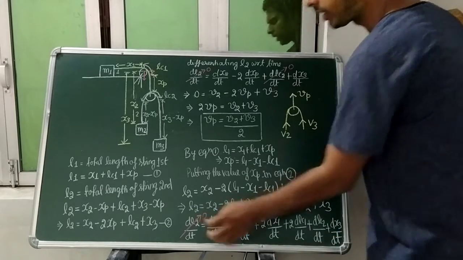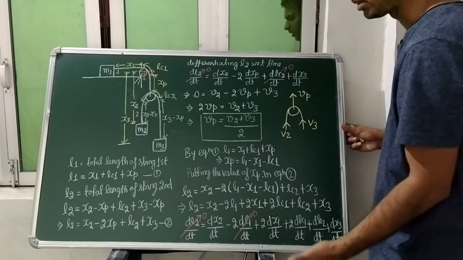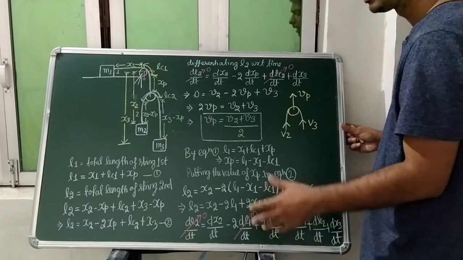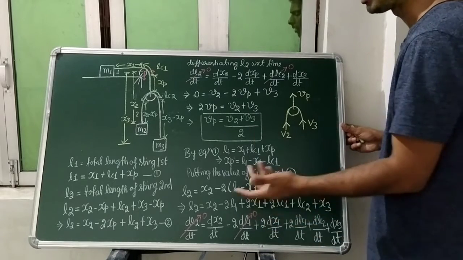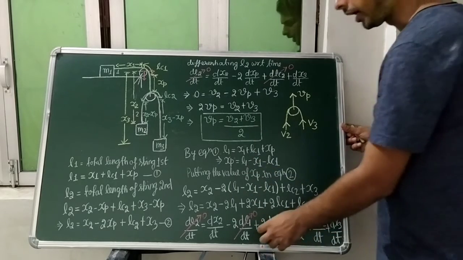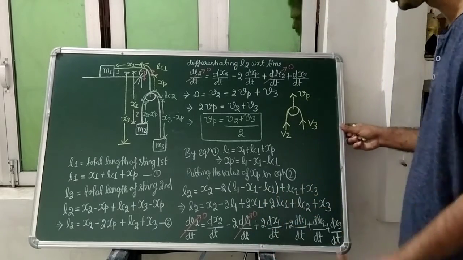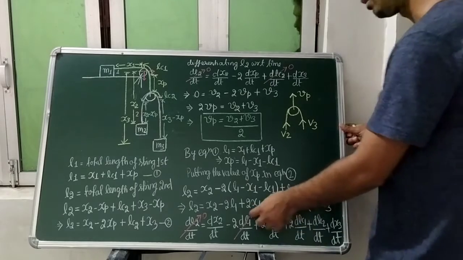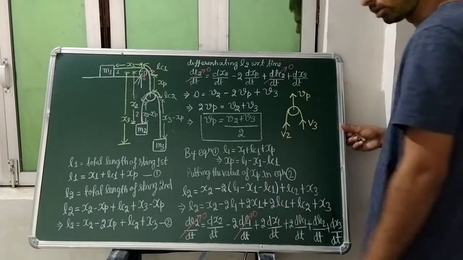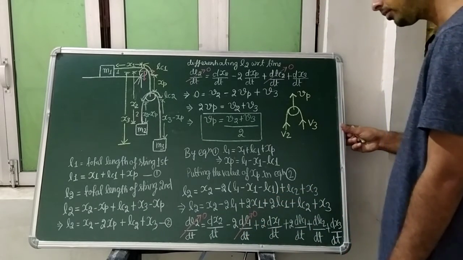So when we differentiate the constant, that will give us 0. Meaning the velocity in that string will be 0. And here also the first string, the length of the first string is not going to change, that will be a constant. So when we differentiate, that will also come to 0.